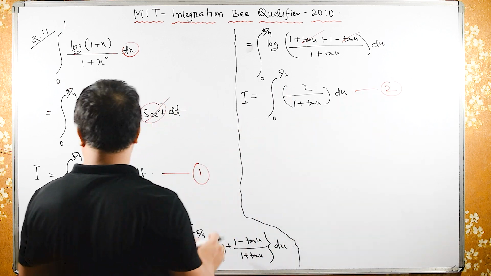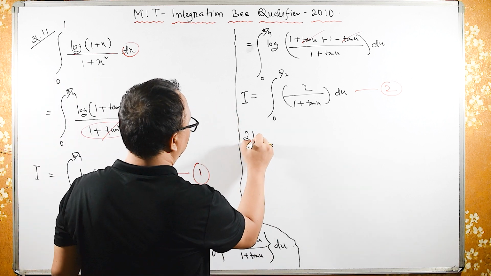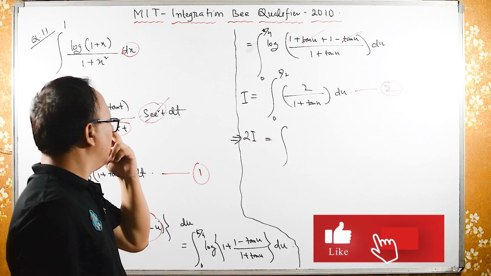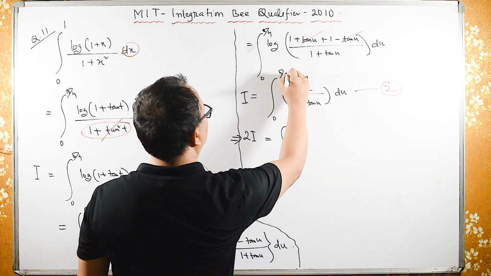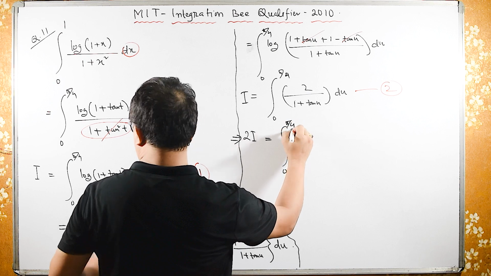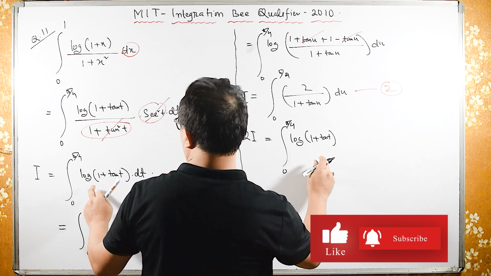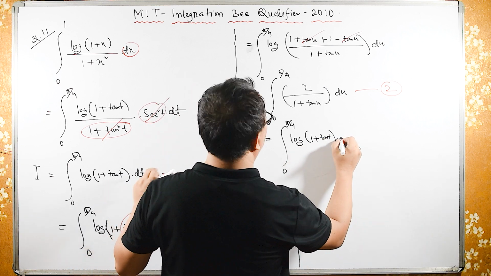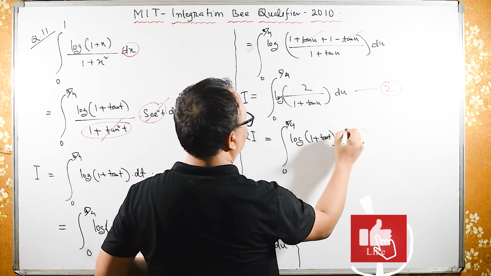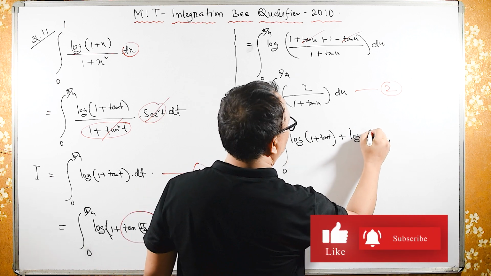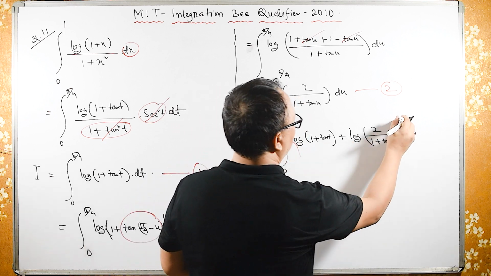So adding this one and this one, on the left hand side we have I plus I, which is twice I, equals, so I will consider it in terms of t, the integral 0 to pi by 4 of log of (1 plus tan t) plus log of 2 upon (1 plus tan t) into dt.